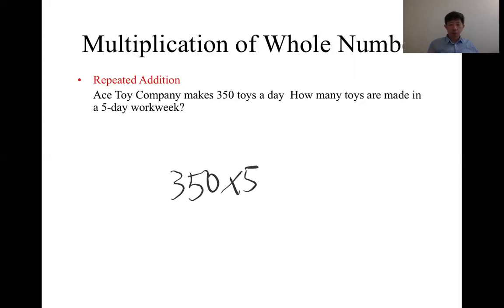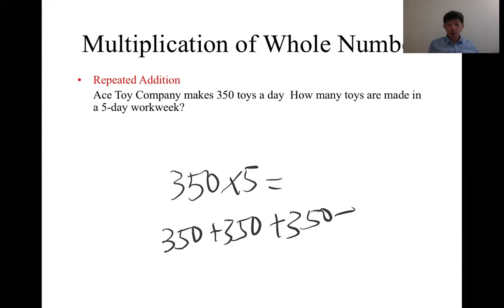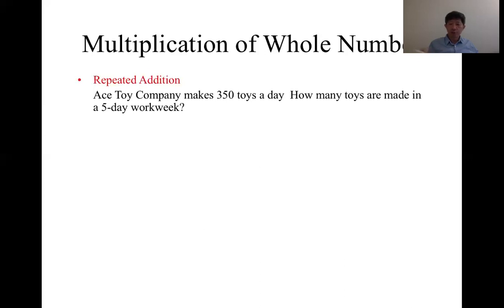That will be the repeated addition. With the repeated addition, the first day is 350, second day 350, third day 350, and so on. So for 5 days, we have 350 times 5.